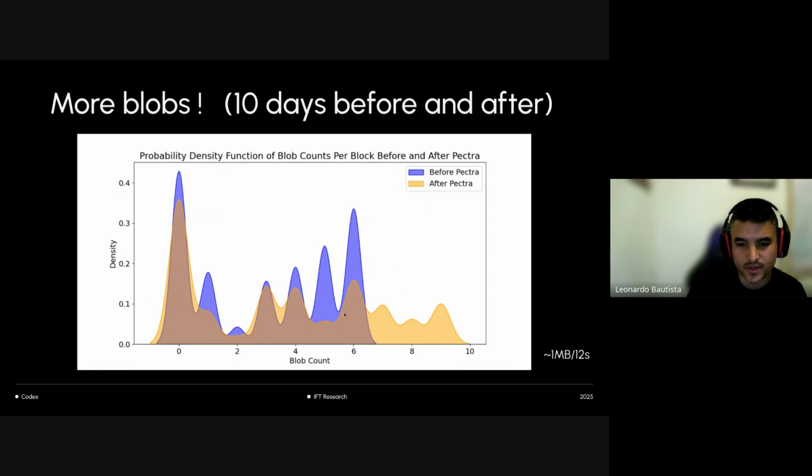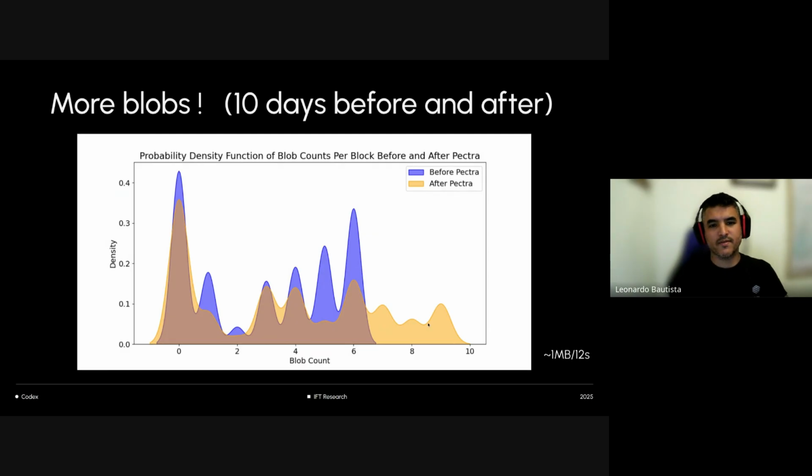And we see that some of the blue slopes, the mountains that we see here, have moved towards the 7, 8, 9 blobs per block hills that we see on the figure. Okay, so this is more or less how things have been changing in the last 20 days. All right, so that's good.